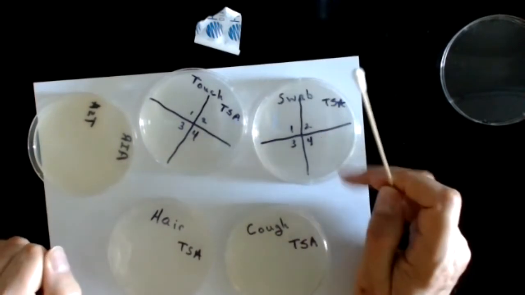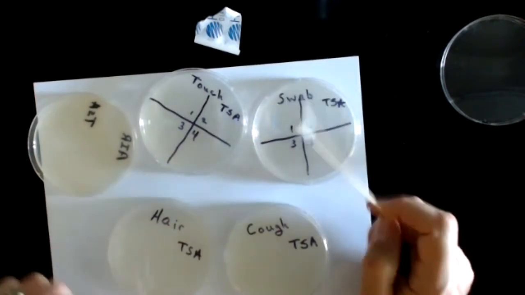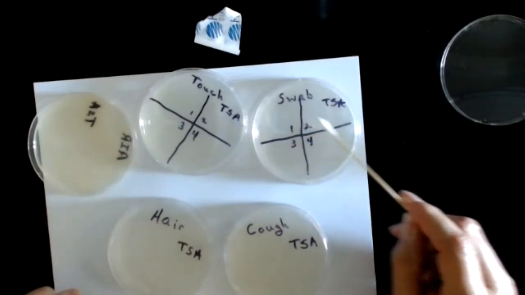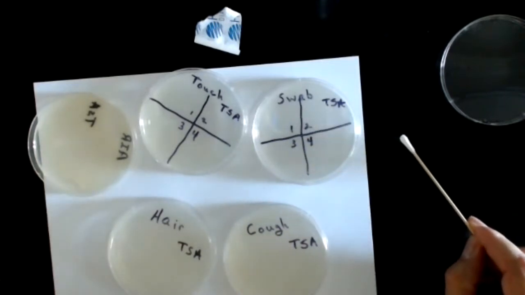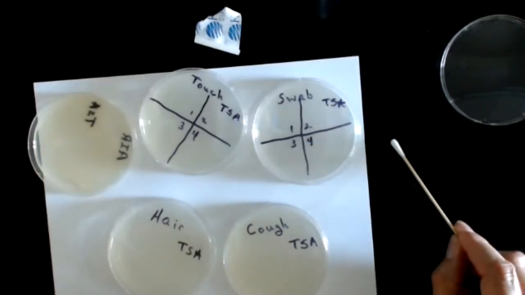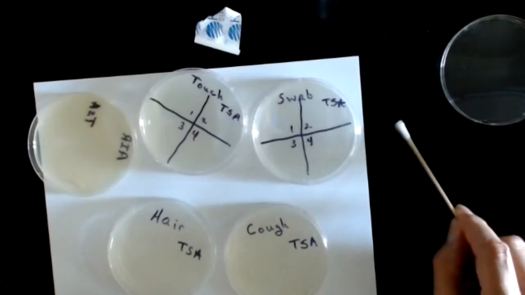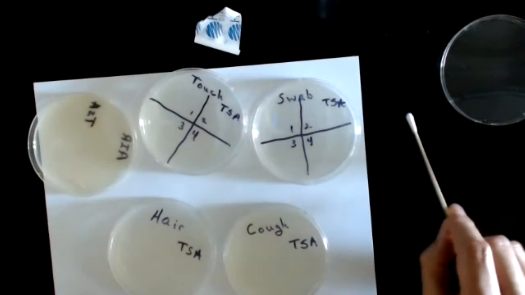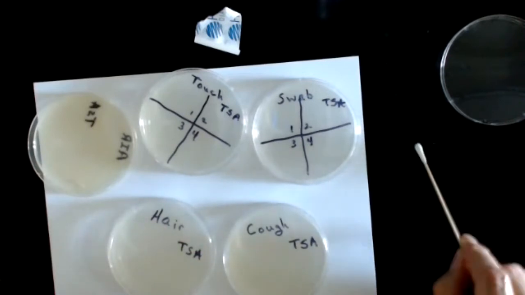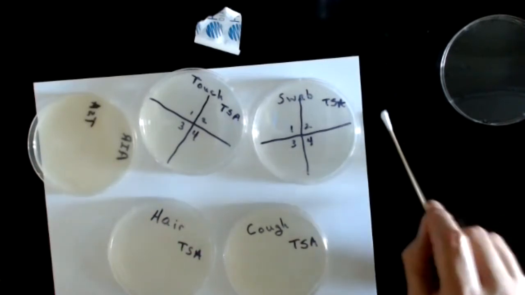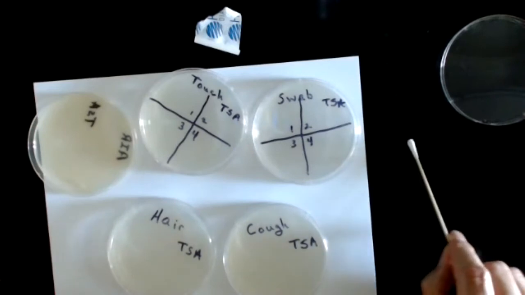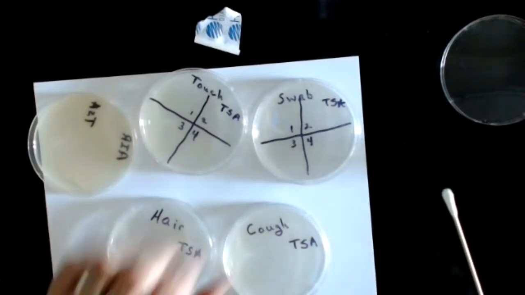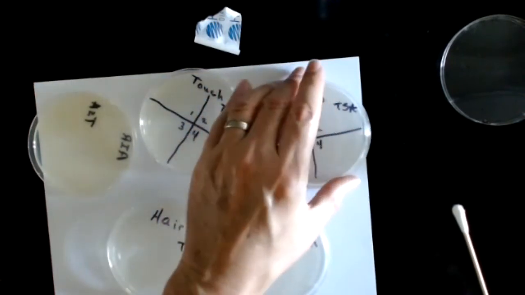So I'm going to use this swab to transfer material to quadrant number 1 on the swab plate. Let's do the table surface. So I go over here next to the piece of paper. I rub the swab back and forth several times over several square inches of table surface. I then take that swab, I grab the bottom of the plate.